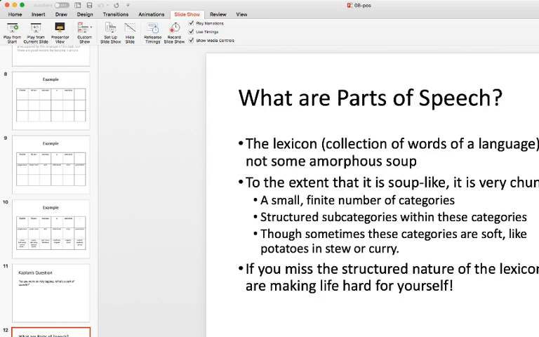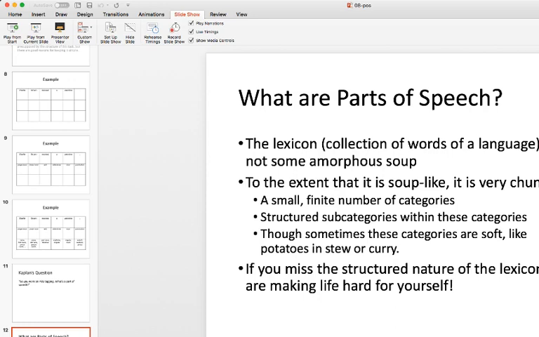But this is not actually how languages work. In actual fact, if language is like a soup, it's not like a tomato soup. It's more like a stew with lots of chunks in it, or curry. It's got subcategories and structured subcategories within those subcategories.